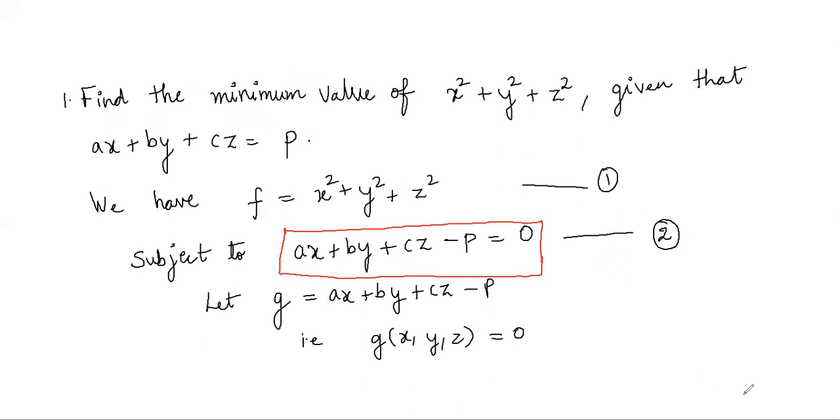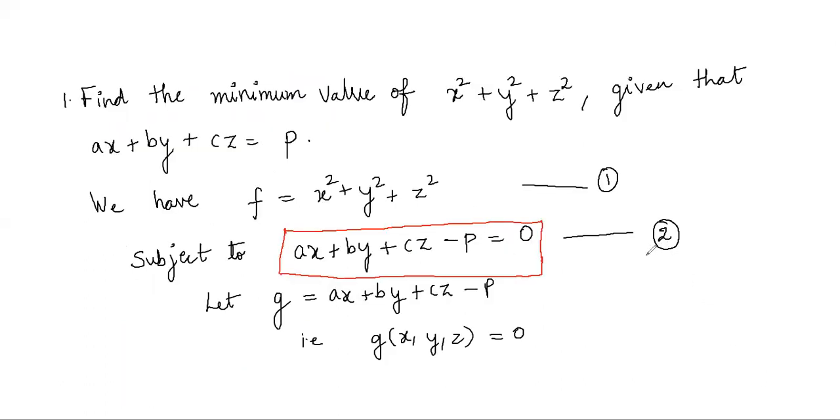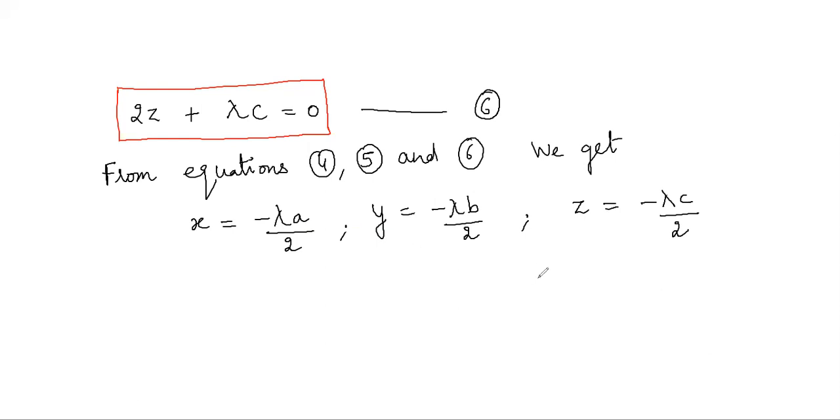in our equation 2, because we have already used the 4th, 5th, and 6th equations, and now we are left with equation 2. If you put here x, y, z, all in terms of lambda, then with the help of this equation 2, we can find the Lagrange's multiplier lambda. And once we have lambda, by putting it in these equations, we can evaluate x, y, and z.